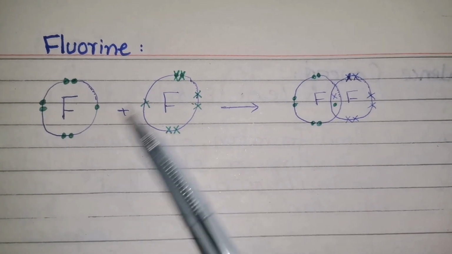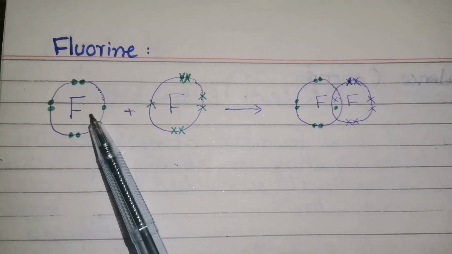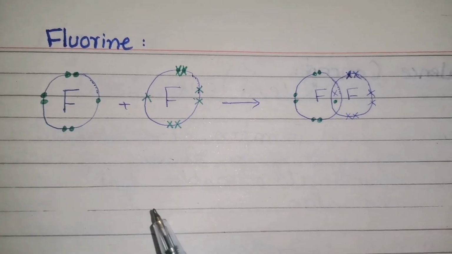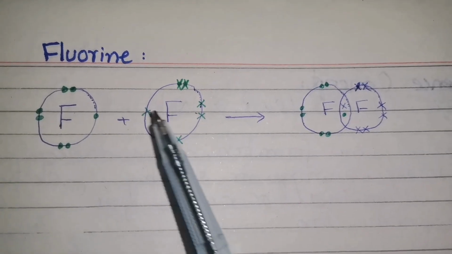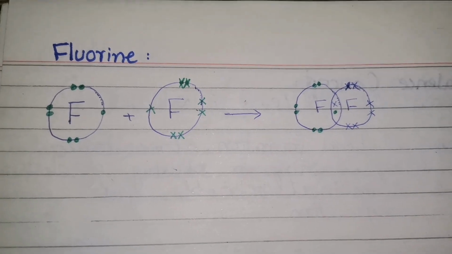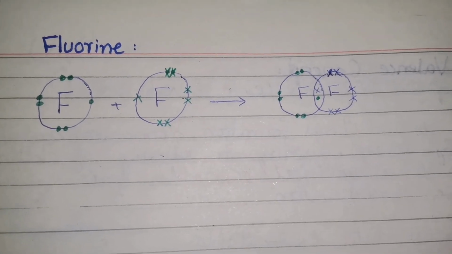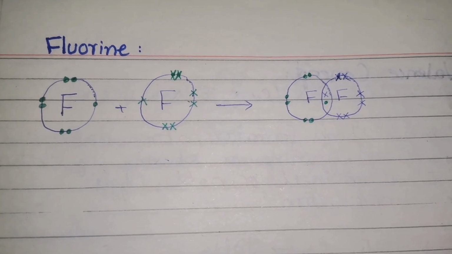Now I am taking the example of fluorine. What is happening in this case? Each fluorine has 7 electrons in its valence shell. I represented one with dots and the other with crosses. Now how do I know that this fluorine has 7 electrons in its valence shell without writing its electronic configuration?